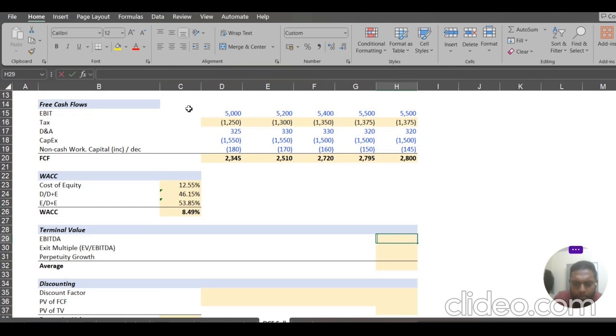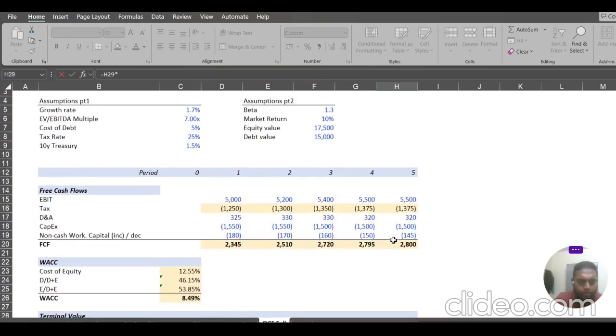EBITDA is basically equal to EBIT plus D&A. This is basically EBITDA into the multiplier, which is given.